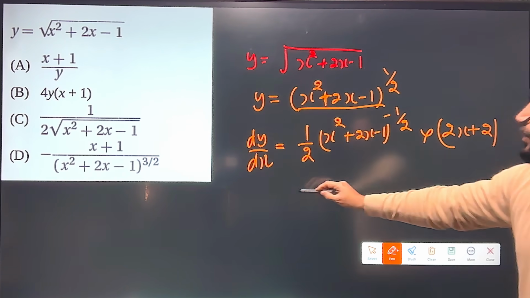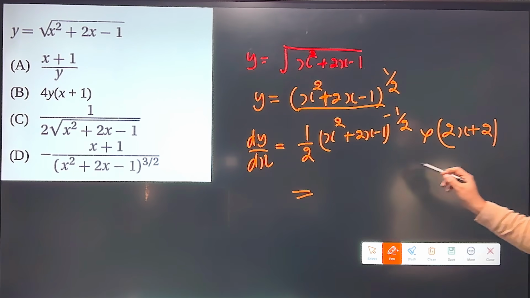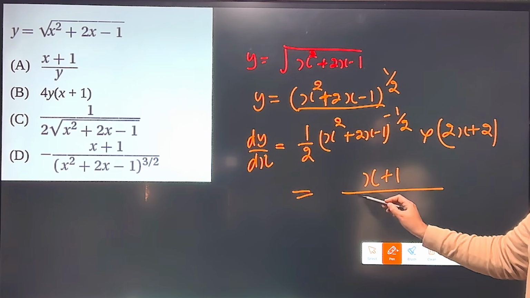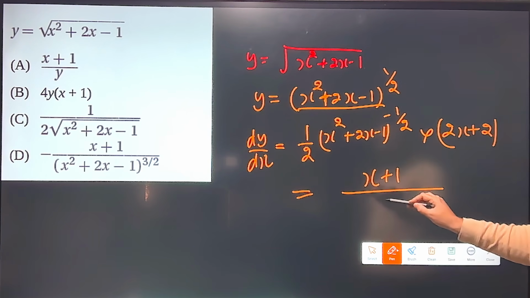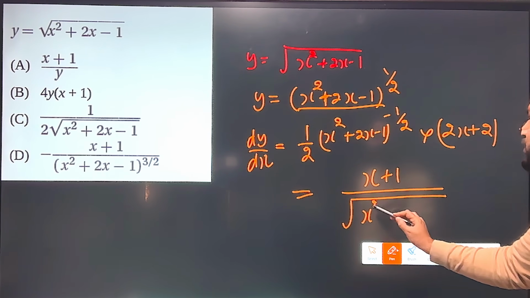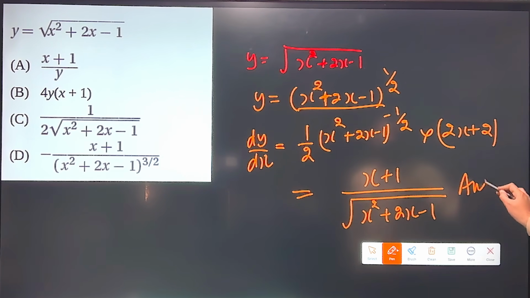So you can cancel this 2 with these 2. So the answer will finally be x plus 1, and this minus term will come in the denominator, and 1 by 2 means root, so it will be x square plus 2x minus 1. So this is the answer, x plus 1.